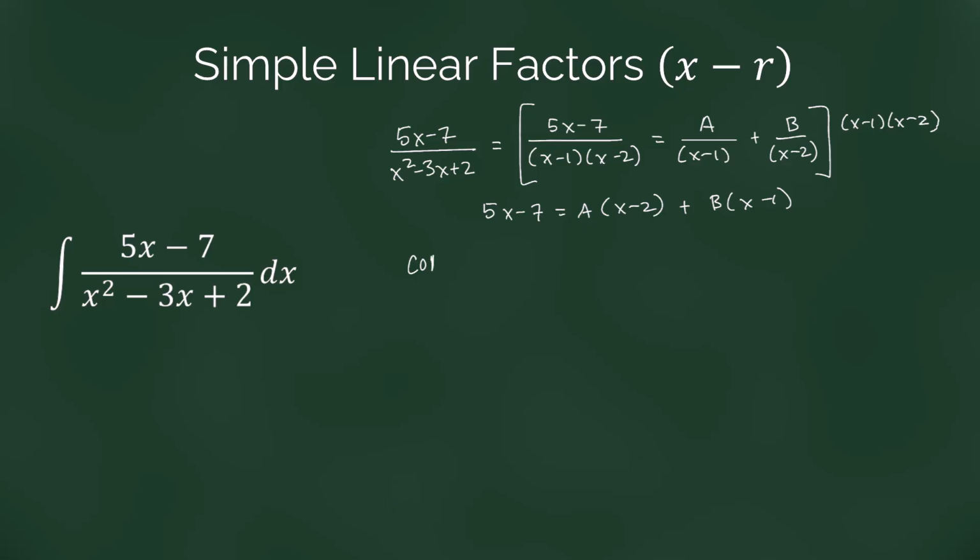The first method we're going to call comparing equivalent coefficients, or comparing coefficients. To do this method, what we're going to do is multiply out the right-hand side.